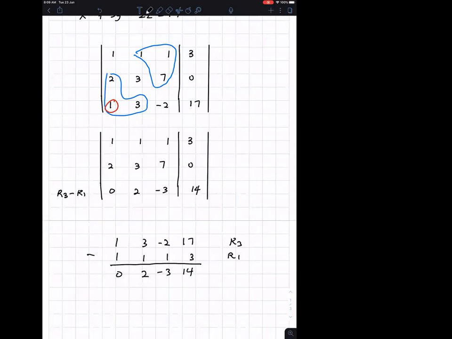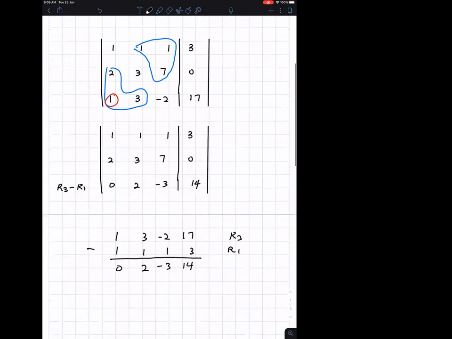So you are flexible to do different operations here. The next thing, so we already made one of them go to 0. The next one you want to make go to 0.